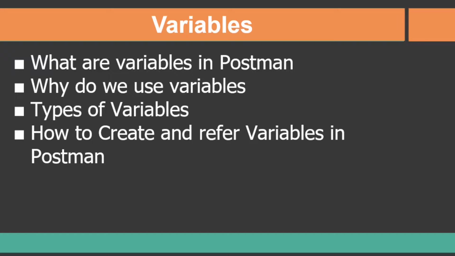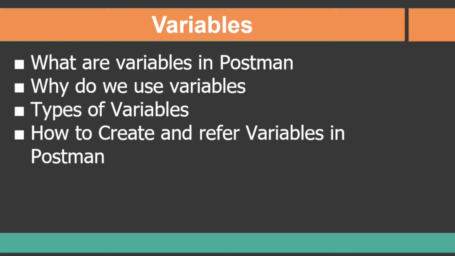Okay. And what are the different types of variables? We have environment variables in Postman, and also global variables, and variables can also be declared at collection level. That means if you want to use a variable for the logically divided API request messages grouped in a collection, then you can define the variables at collection level as well.